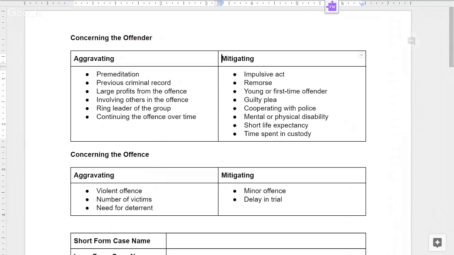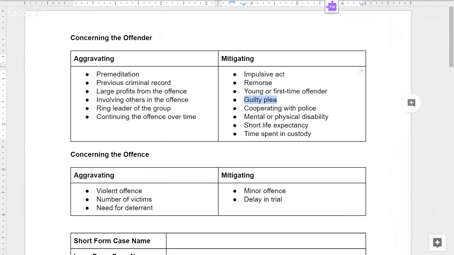Now we'll look at mitigating factors, or factors that might make the sentence less. First of all, did it happen in the heat of the moment? Was it an impulsive act? Secondly, is the person expressing sadness or remorse for what they did? Is the offender a young offender or first-time offender?